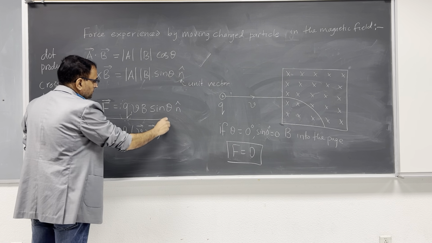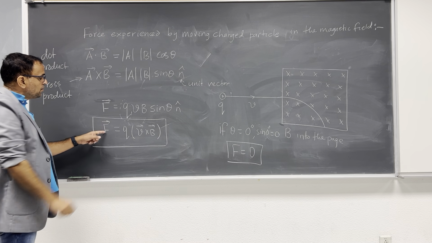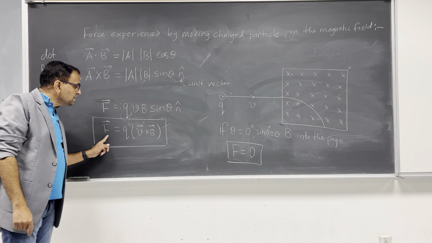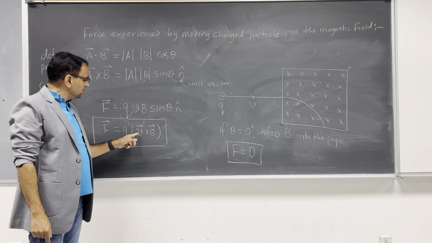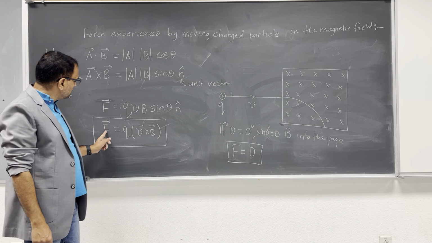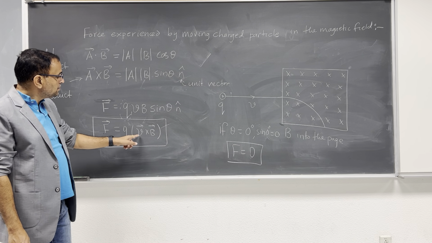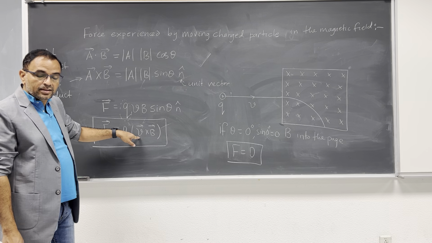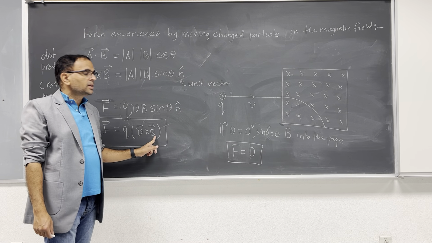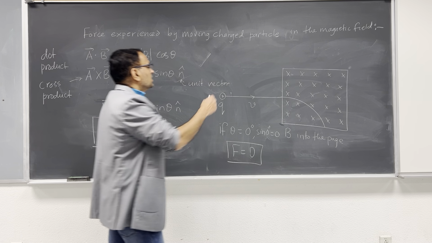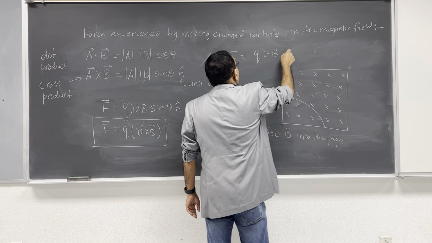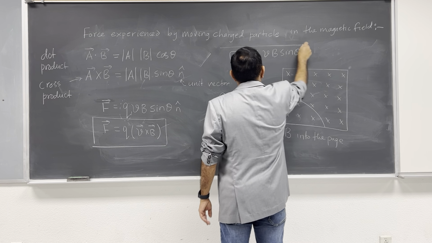So this force F is perpendicular to the plane of the velocity V and the magnetic field. Simply, if you keep in mind F equals QVB sine theta, I think this is good enough for you in this class.